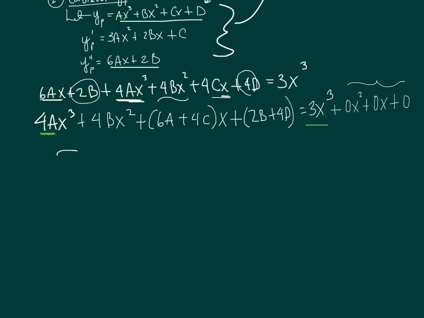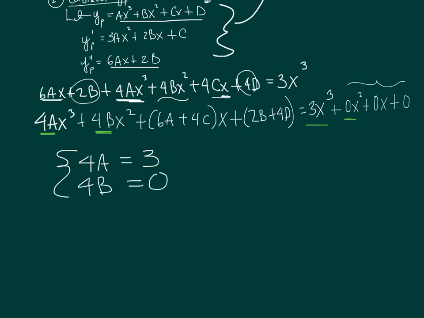So we definitely have 4a is equal to 3. And what else do we have? We have this 4b, and that's x squared, and then we have 0x squared. So that's definitely 4b equals 0.